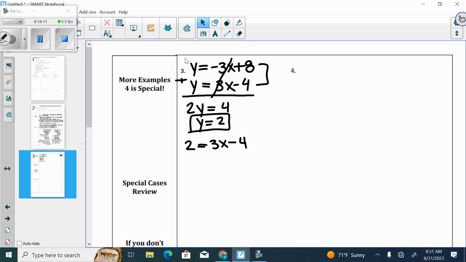Add 4, good. And then we get that x is 2. Okay. All right, so our solution for this one would be the coordinate 2, 2.